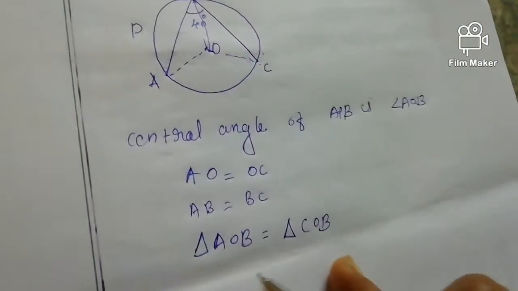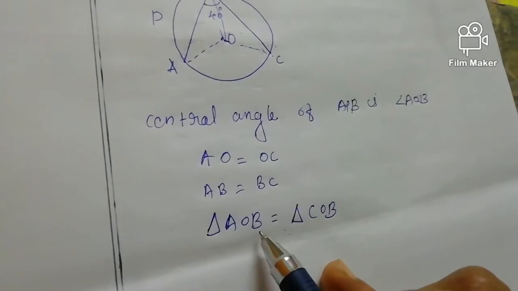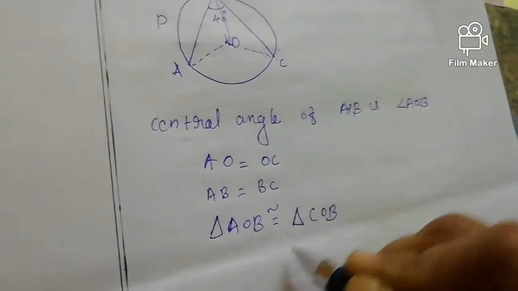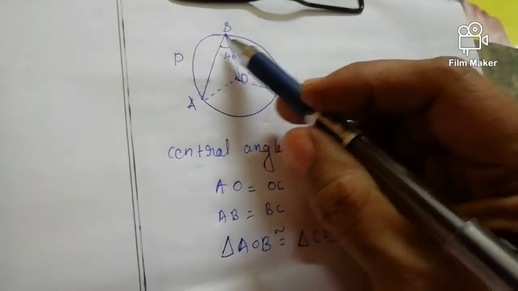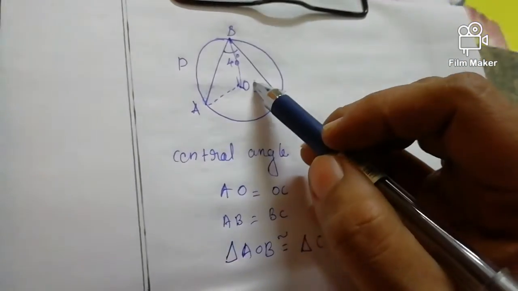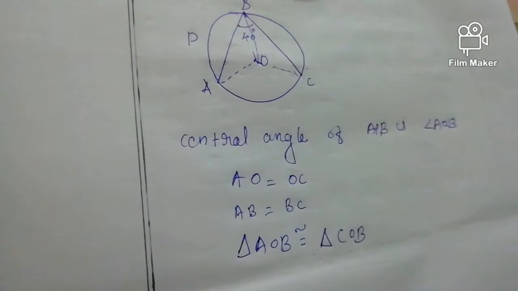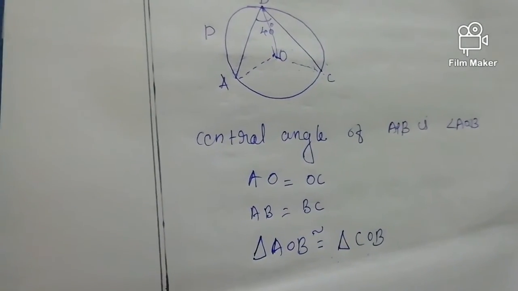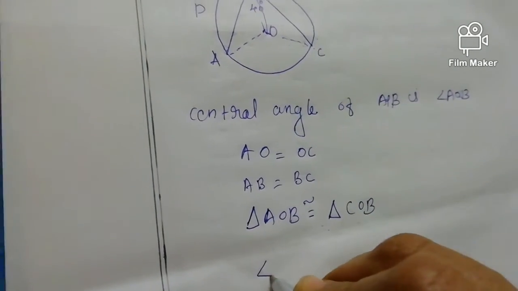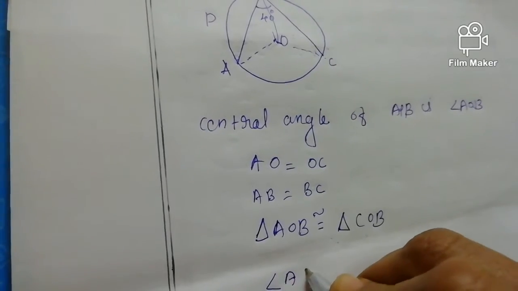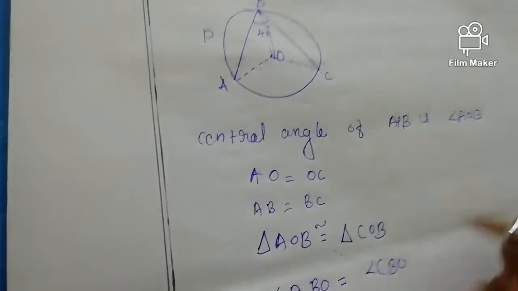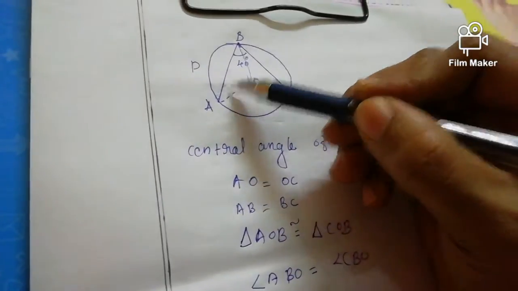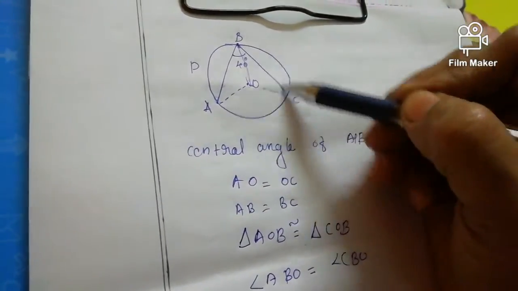Using these properties, we can say that triangle AOB is congruent to triangle COB, which means the three sides of the two triangles are equal and their angles are also equal. Using this property, we can write angle ABO equals angle CBO.